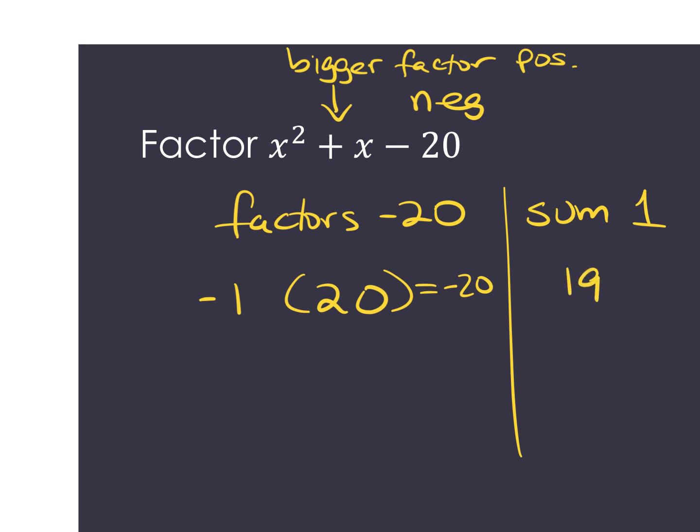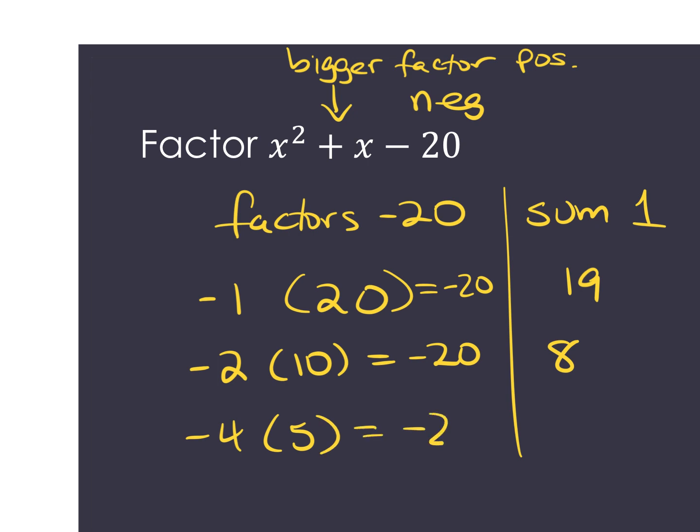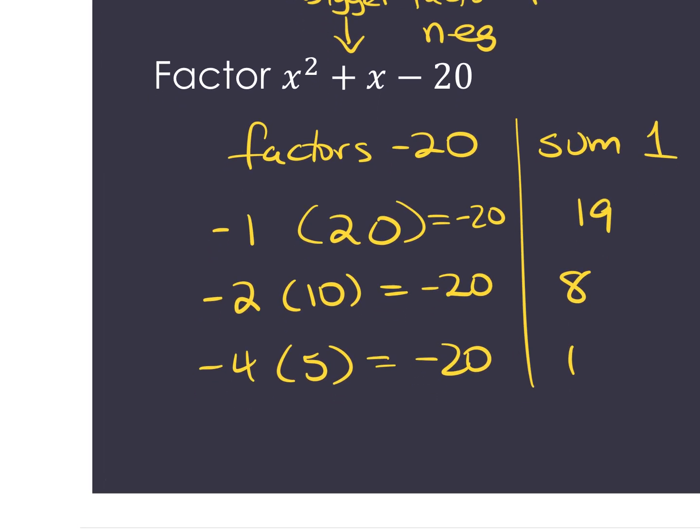Let's try the next one because that one didn't work. Negative 2 times 10 gives me negative 20 when I multiply, but when I add, I get 8. Still not working. Try the next one. 3 doesn't work, but 4 will. When I multiply that, I get negative 20, and when I add it, I get 1. So this is the combination I was looking for.